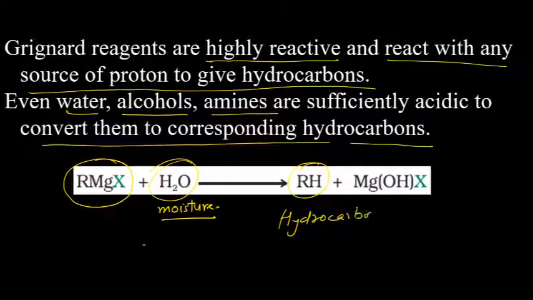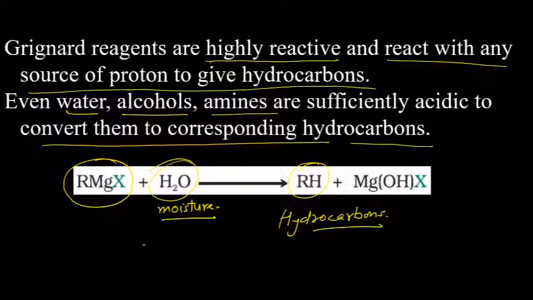And from here, this question actually appears: why is it necessary to use dry ether in the reactions of Grignard reagent? The answer is very simple. Dry ether absorbs the moisture from within the reaction environment.